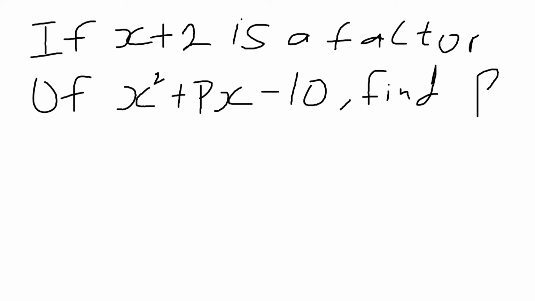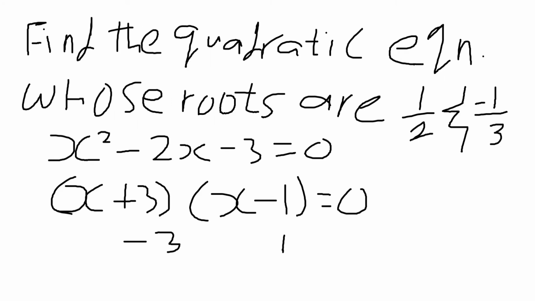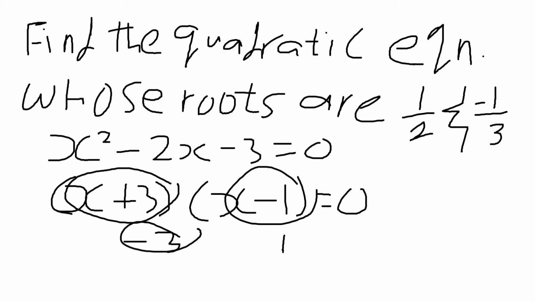Now, let me take you back to the first part. When we had our factor as x plus 3, don't forget our root was minus 3. When we had our factor as x minus 1, our root was positive 1.